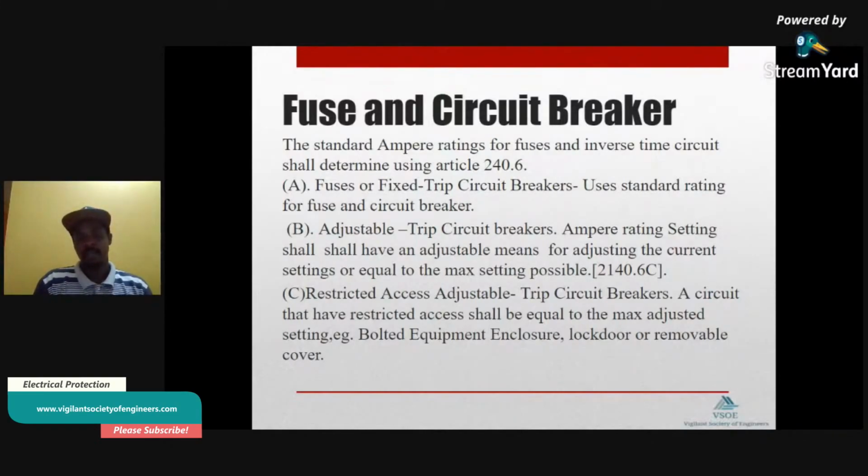So lock door, bolted equipment enclosure, and equipment having removable cover should have the right adjustment setting for the adjustable trip circuit breaker.